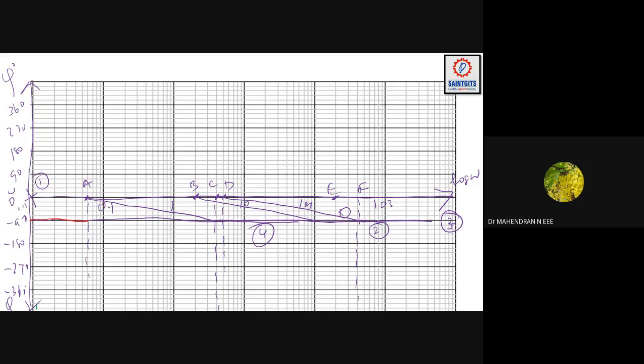Then from A to B, it is minus 45 degree per decade. Am I right? So up to B, this will be here. This is minus 45 degree per decade. Then from B to C, it is 45, and it will be 90 degree.